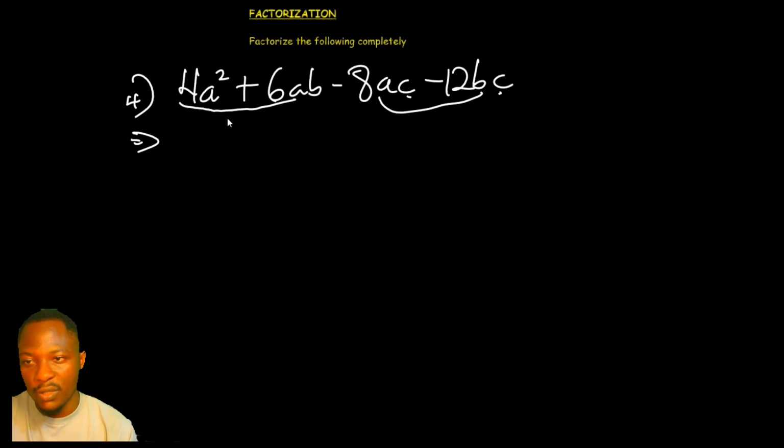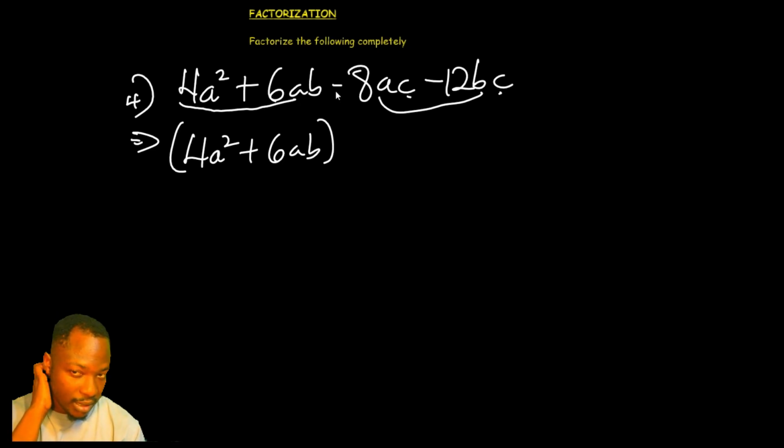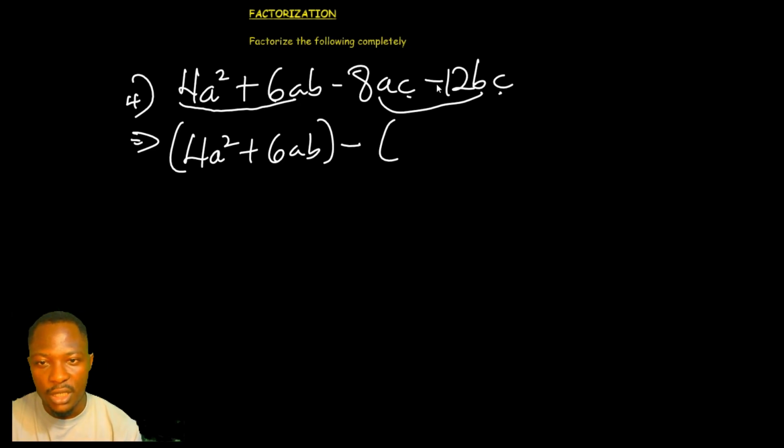So we can just put the first two terms inside the bracket, and it's going to be 4a squared plus 6ab, and then this one will be inside this bracket. Now bringing the negative sign here, we need to change this sign to be positive.